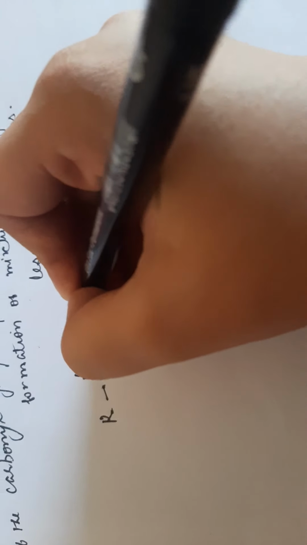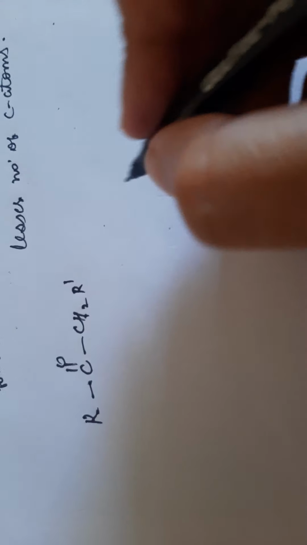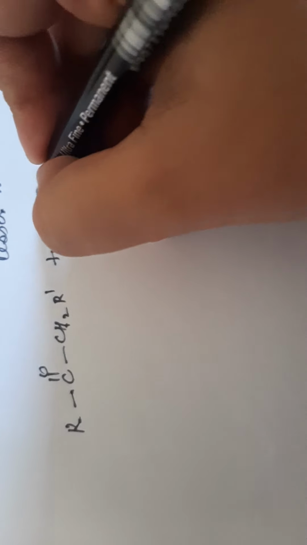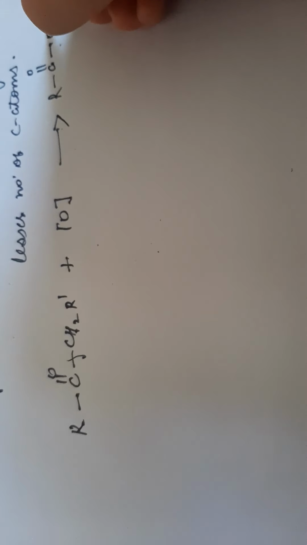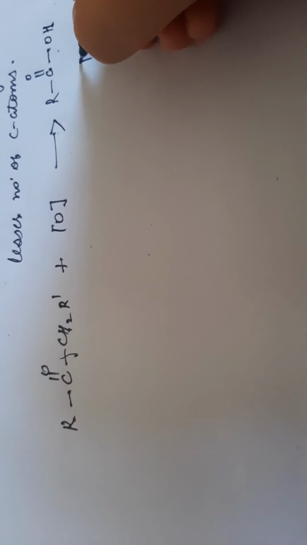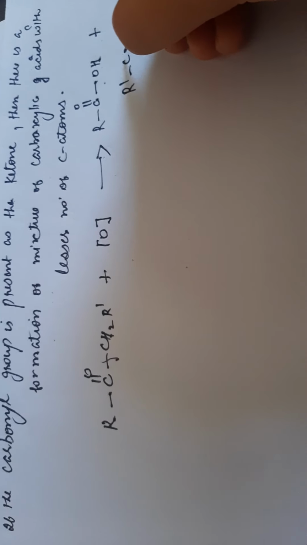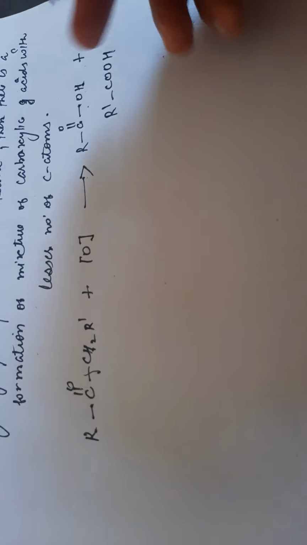That is, suppose in a terpenoid we contain a ketonic group like this. On oxidation of this ketonic group, the oxidation takes place over here and there will be the formation of two carboxylic acids, that is, the mixture of carboxylic acids is formed with the lesser number of carbon atoms as compared to the parent one.